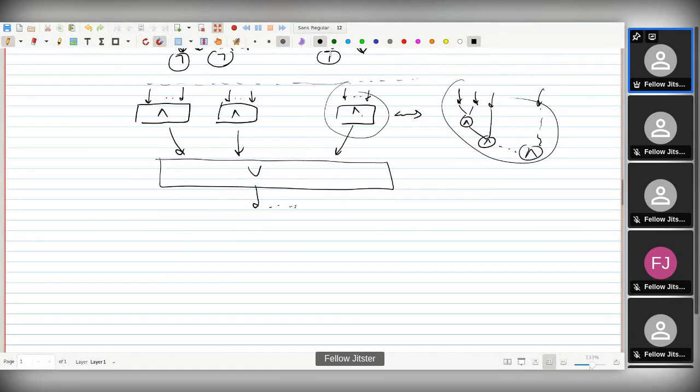And now, a theorem about DNF. Theorem 2.